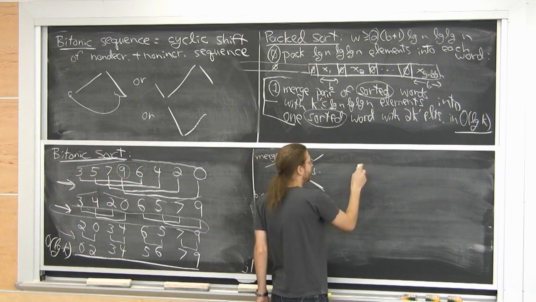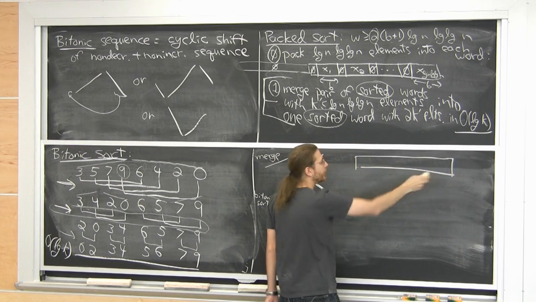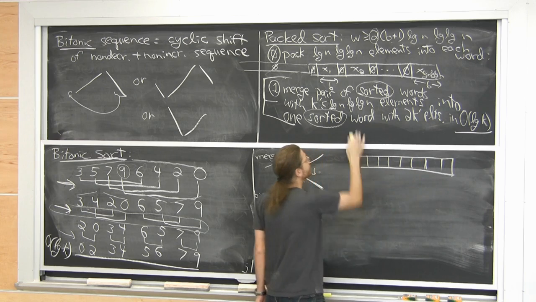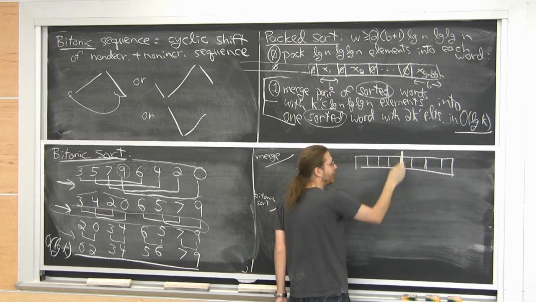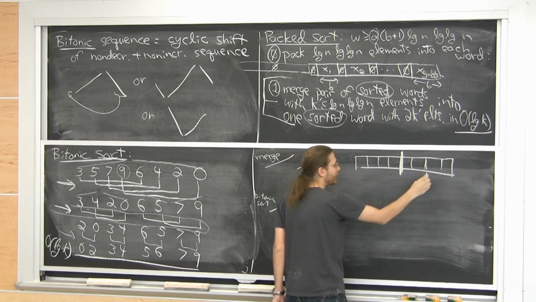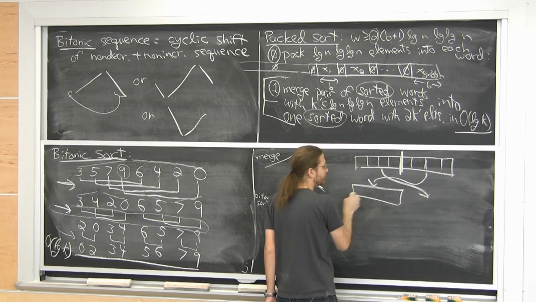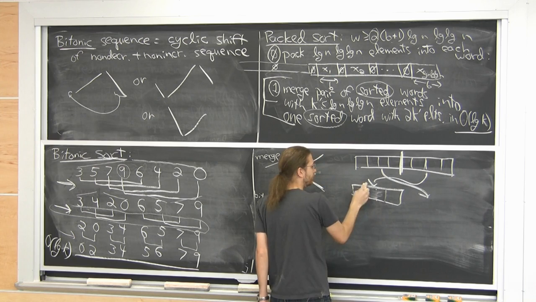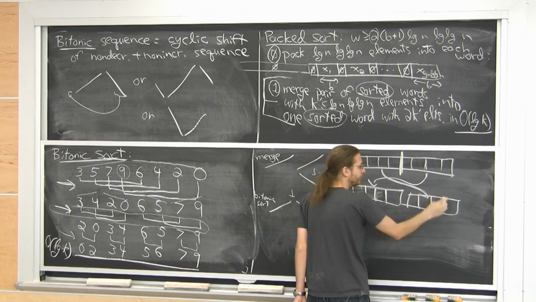Cute trick. If I have a word and it has many items in it, that's our setup here, and I want to reverse it overall, what I'll do is cut it in half, take all these guys, put them over here, take all these guys, put them over here. So I've got the right side, sorry, it's only 4 cells over here. I've got the left side over here.